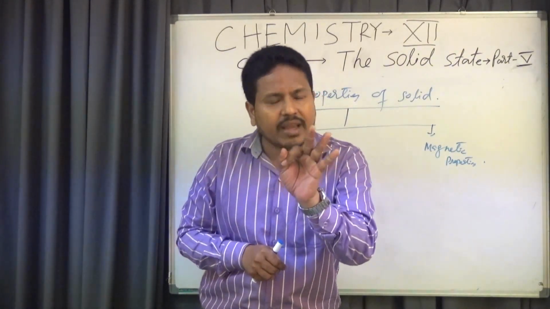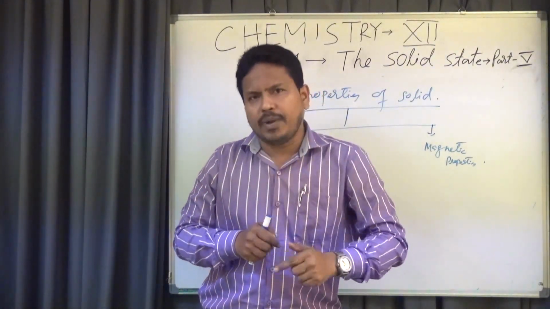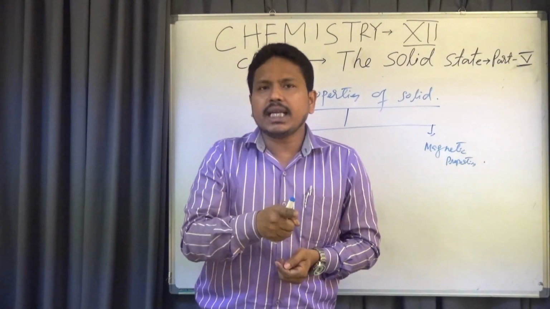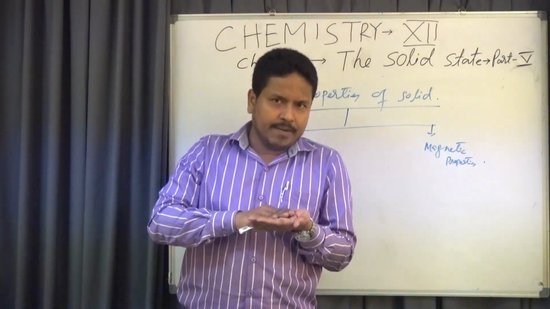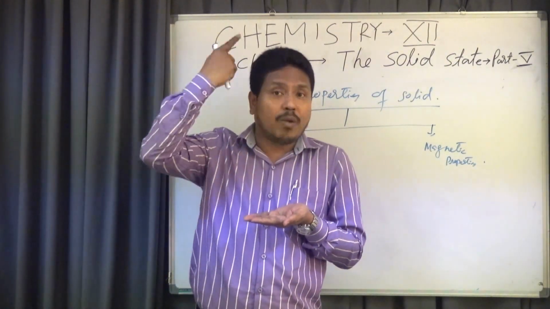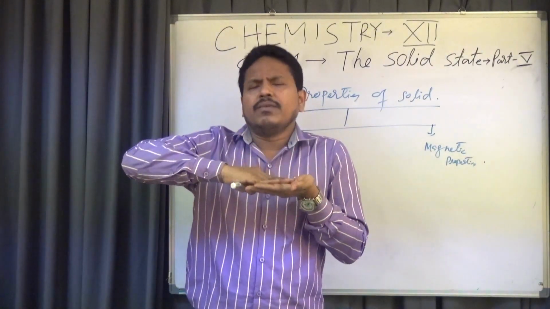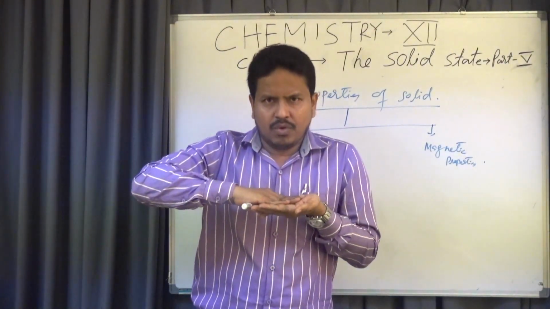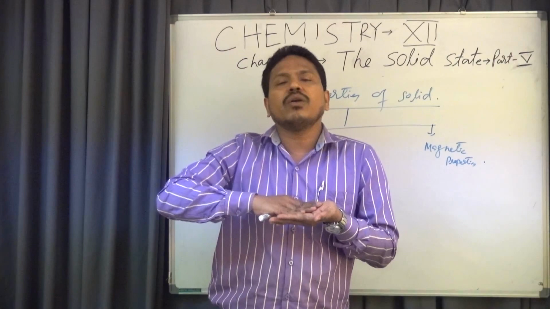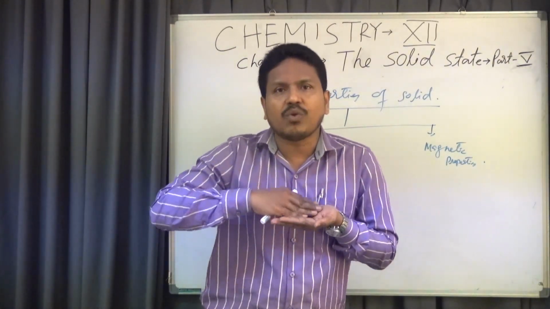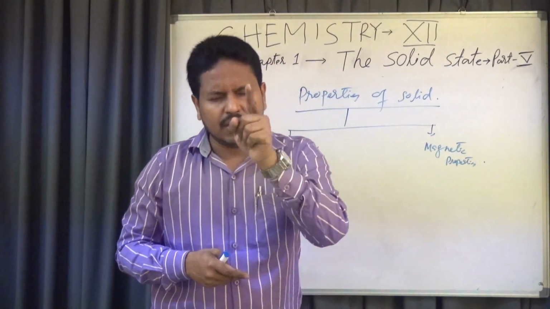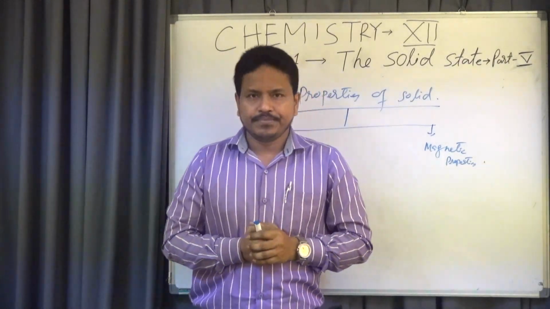According to band theory, that is why metals are good conductors of electricity, because in metal the energy difference between the low energy valence band and the high energy band is very narrow, almost coincident. That is why electrons can freely move from the valence band to the conduction band. That's why metal is a good conductor of electricity.